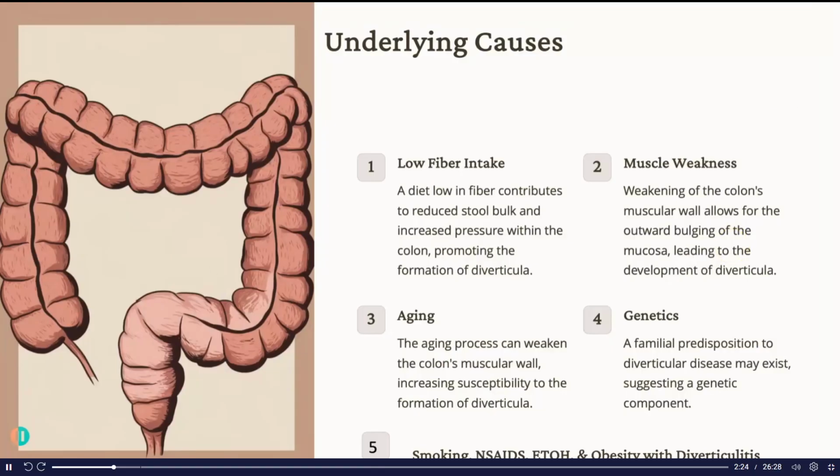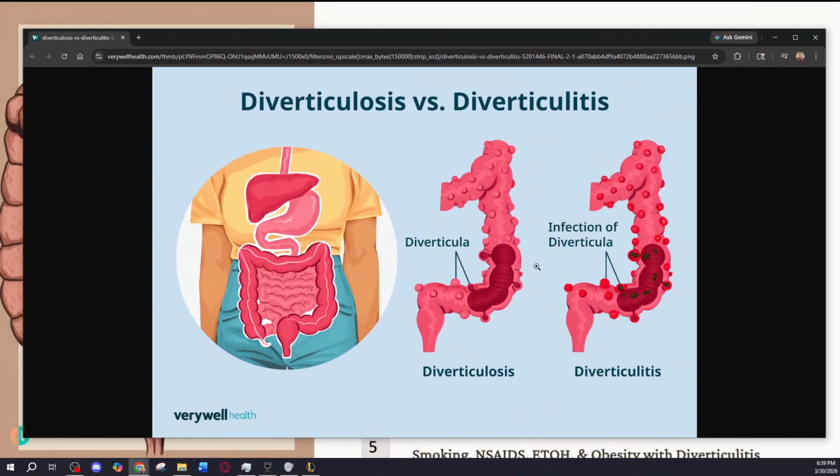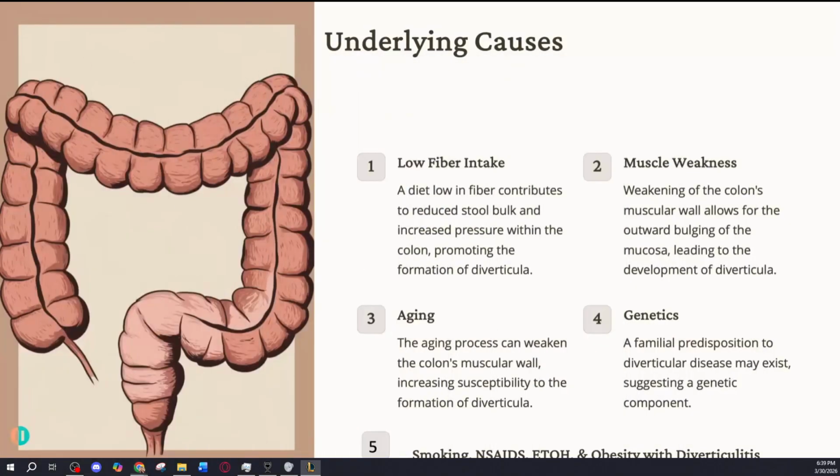So diverticulosis is characterized by those small outpouching formations known as diverticula in the colon wall. And as I said, it's believed to be from that increased pressure and the weak spots that cause those little bulges. The risk factors include aging, low fiber diet, obesity, sedentary lifestyle, and there's also a genetic predisposition.